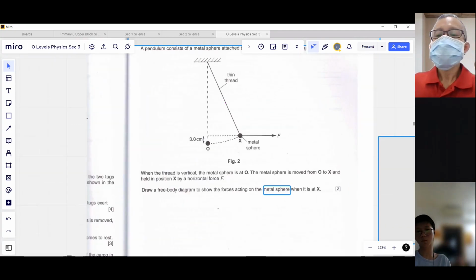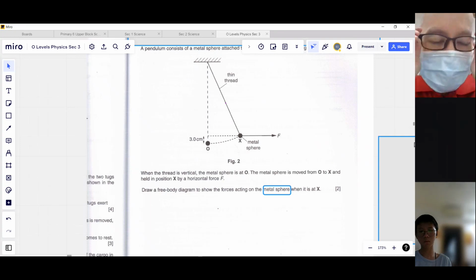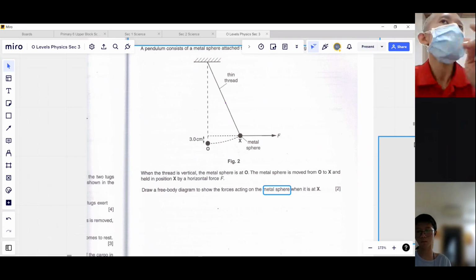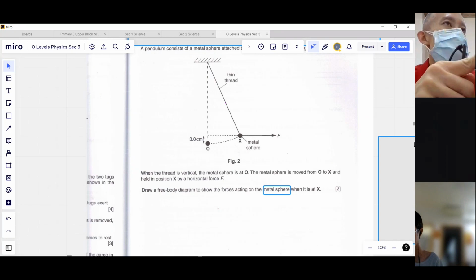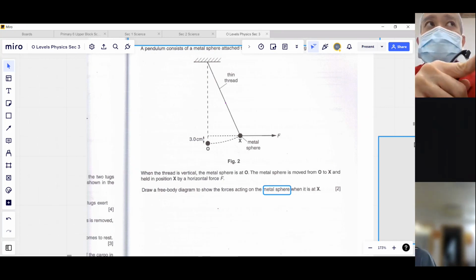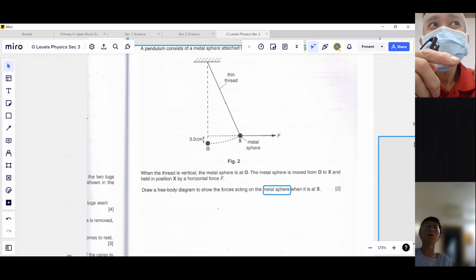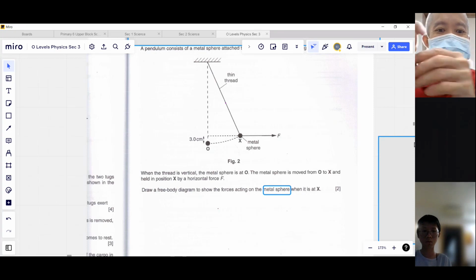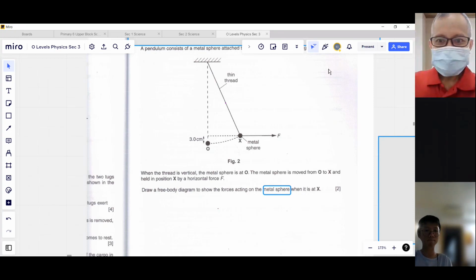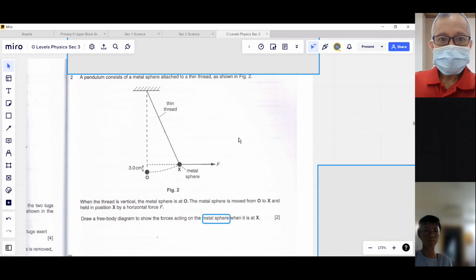Okay, yes. Jingqie, I don't know whether you heard what they want to say. Is air resistance acting on it? Air resistance only acts when something is moving. Is it moving? No. Yeah, it did move, but it's held at position X.